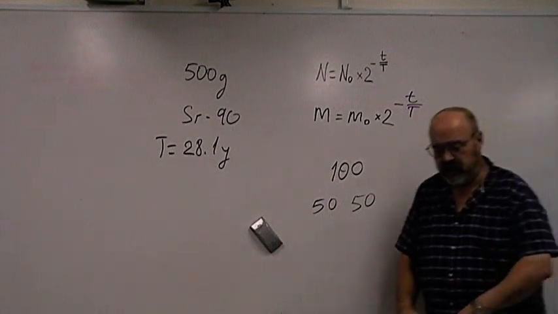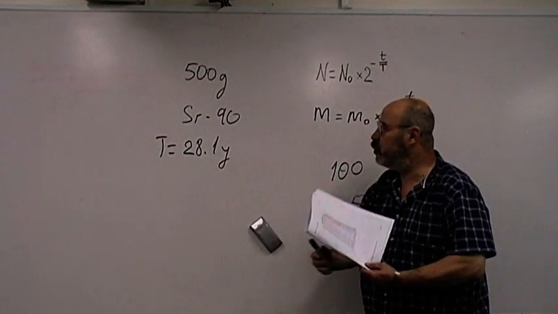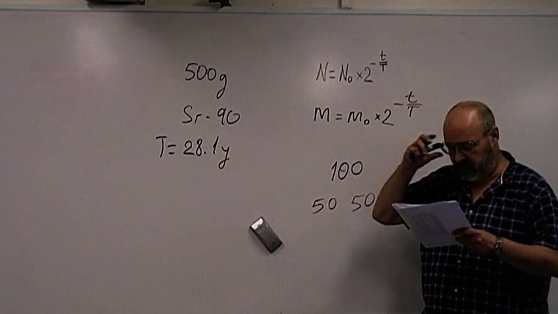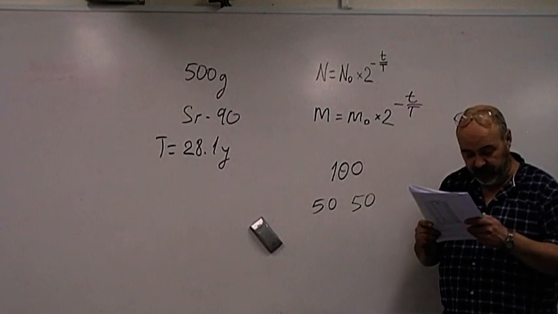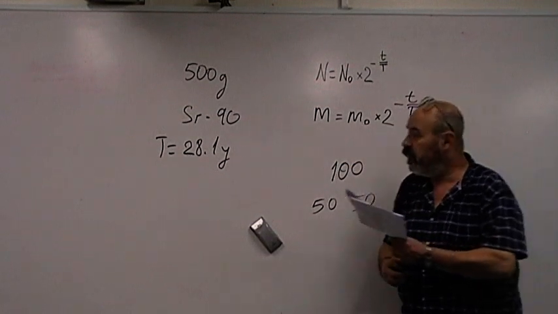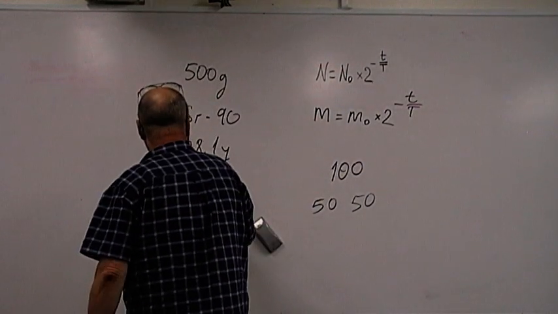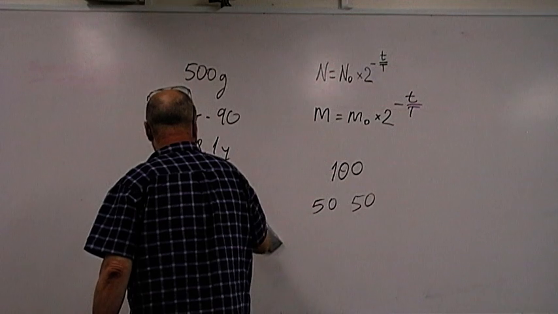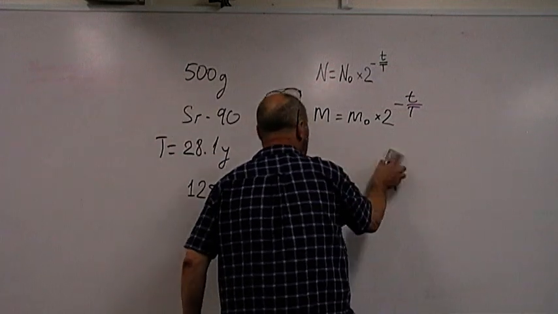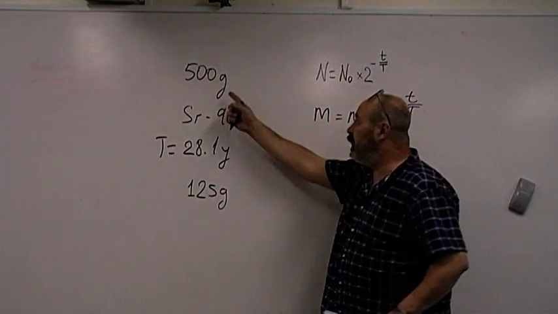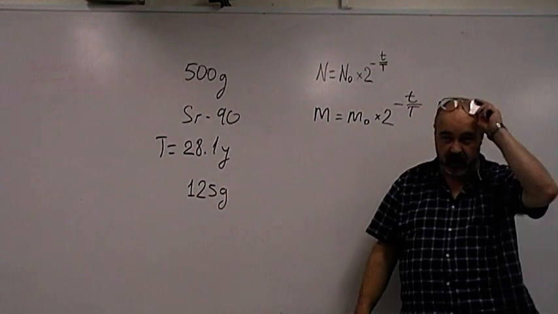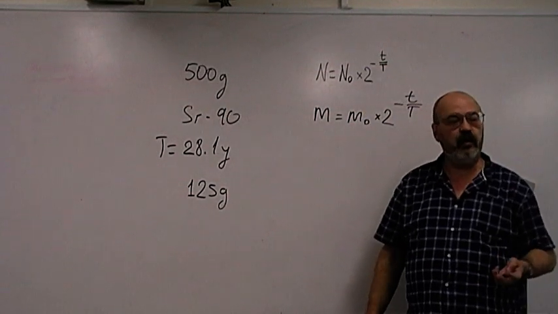So the question is: we have 500 grams of strontium-90, and this is its half-life. How long will it take to decay from 500 to 125 grams? So what do we need to do?